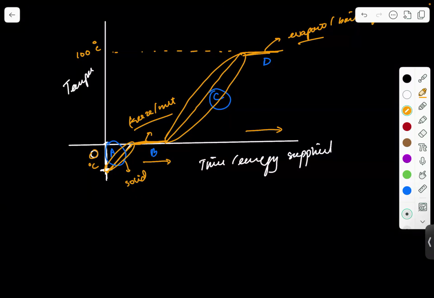So specific heat capacity is basically the change in energy. The equation for this, which you don't need to know, but I'm just giving it to you, is change in energy equals mass times the specific heat capacity, and every substance has a specific heat capacity, times change in temperature.